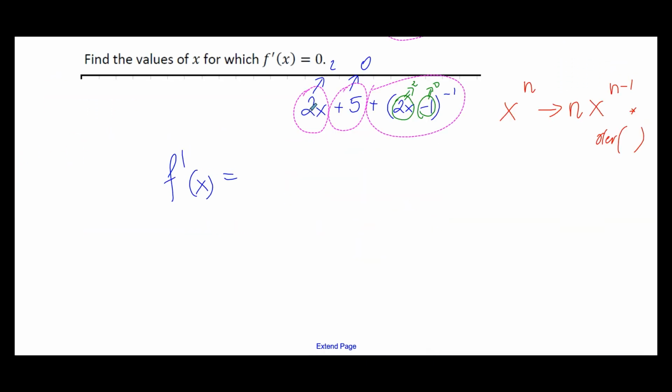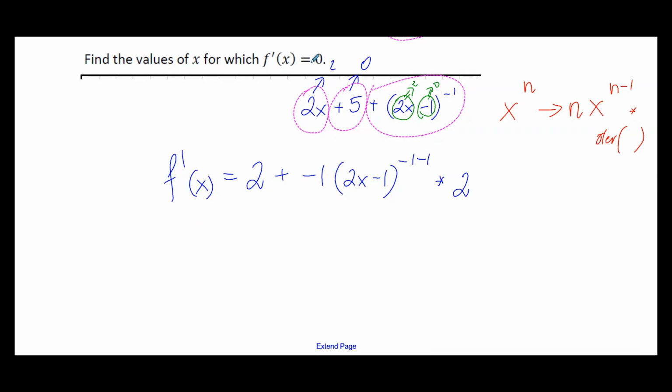So from the first element we have 2, the next is 0, so we can bypass it. Then plus, that power goes in front, minus 1, followed by the bracket. And now that power is minus 1 and minus 1, multiplied by the derivative of the bracket, that's the chain rule applied, and that derivative is 2. So let's simplify it a little bit further.